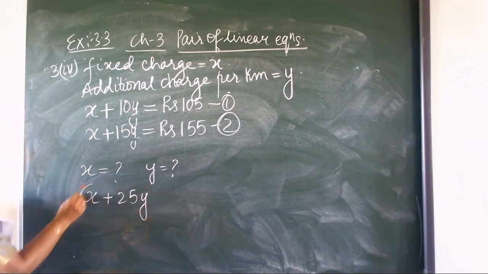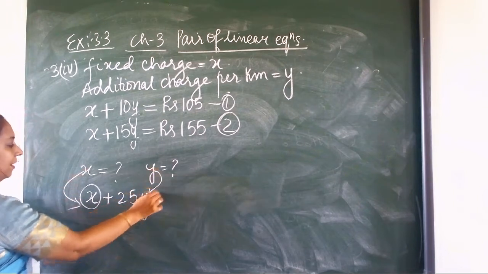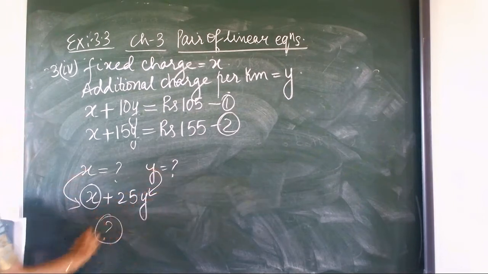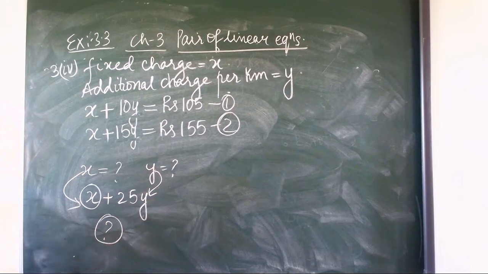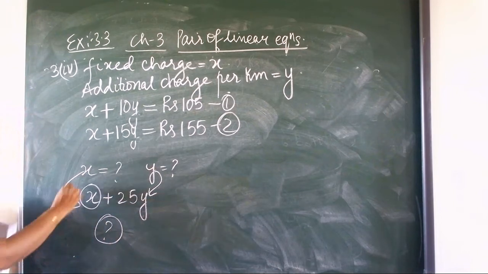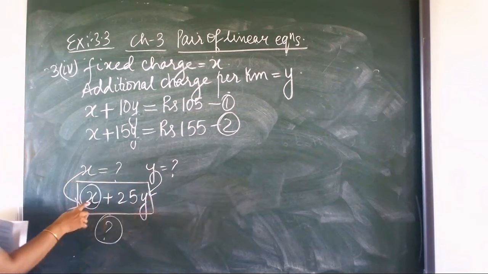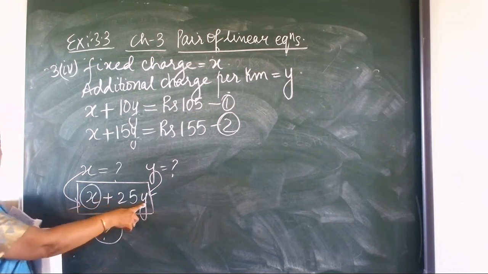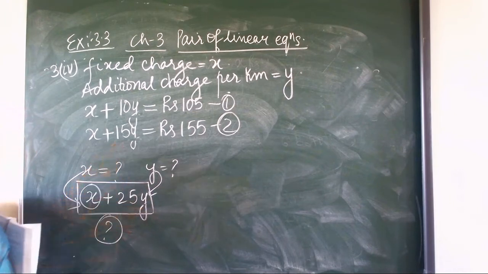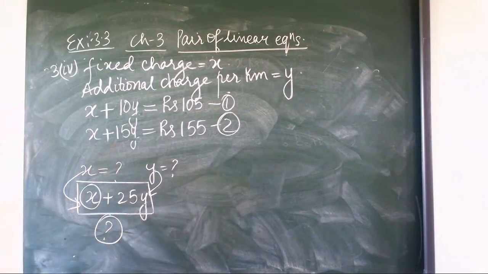Now you have to put the value of x here and the value of y here. Then you get the charge for the 25 kilometers. Clear? In this equation, you put the value of x and y which you have found from the substitution method. Then you get the charge paid for traveling a distance of 25 kilometers. Clear?